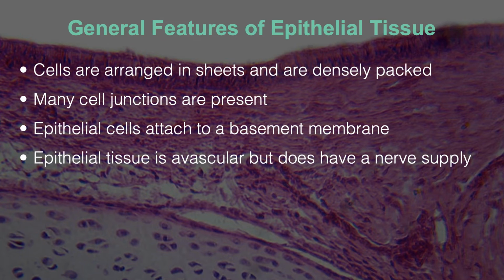Because they're so densely packed together, because there's so little space, we've already indicated there is no blood supply, but there is a nearby blood supply, which happens to be good enough. The things that epithelial cells need can get there by diffusion.